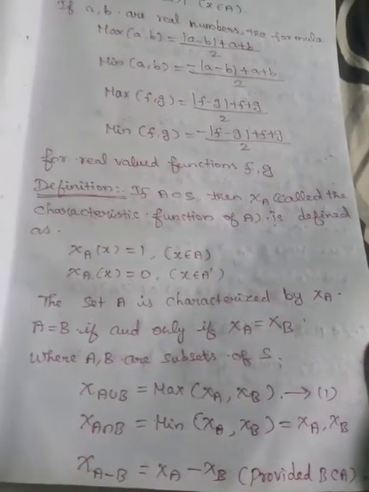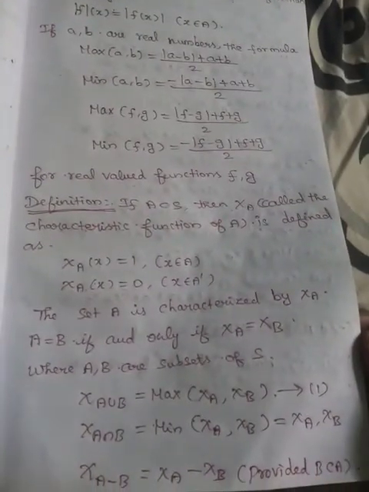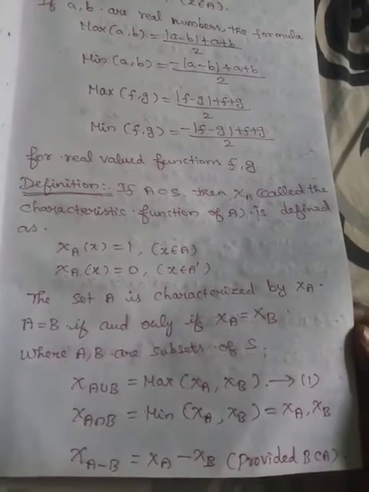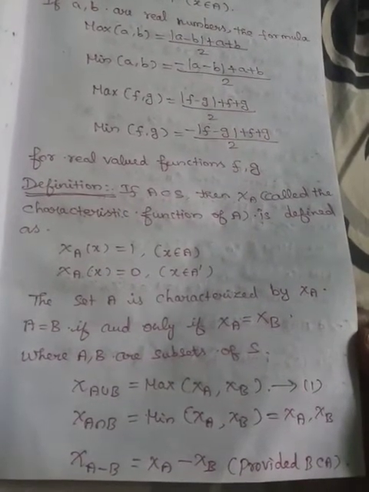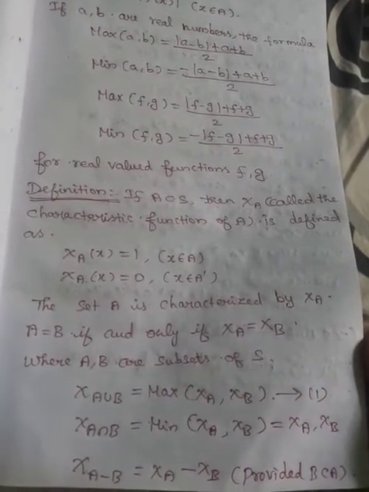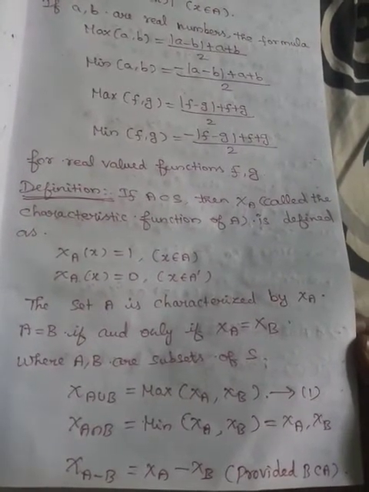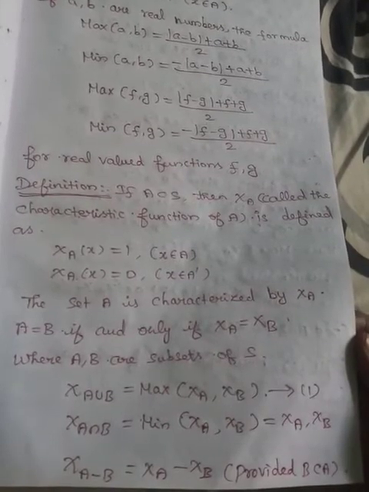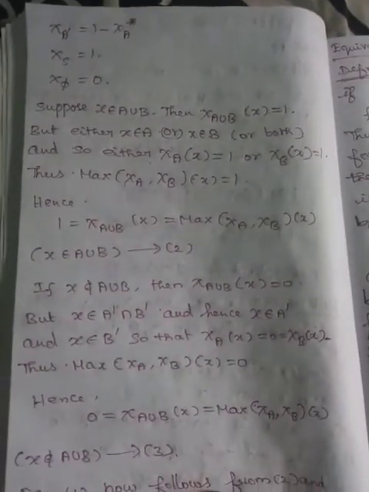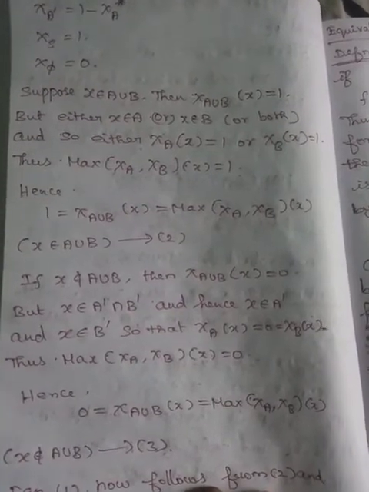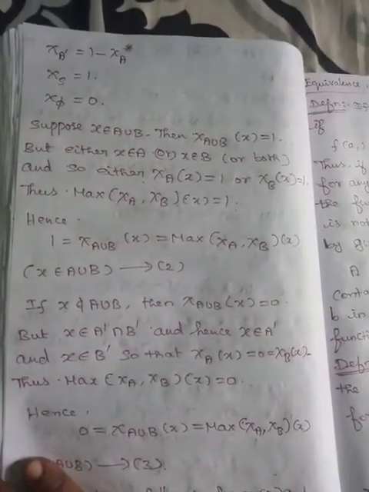Equation number 1: ζ of A intersection B equals the minimum of ζ_A, ζ_B, which equals ζ_A times ζ_B. So ζ of A − B equals ζ_A − ζ_B, provided B contains A. So ζ of A' equals 1 − ζ_A. Next, ζ_S equals 1, and ζ of the empty set equals 0.